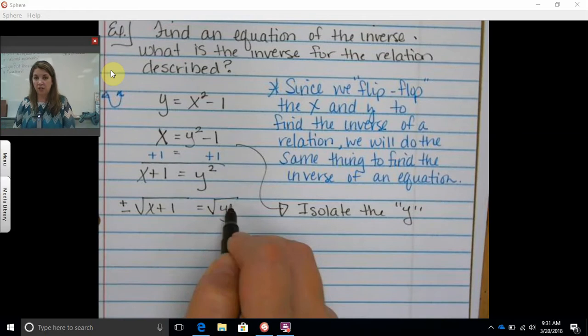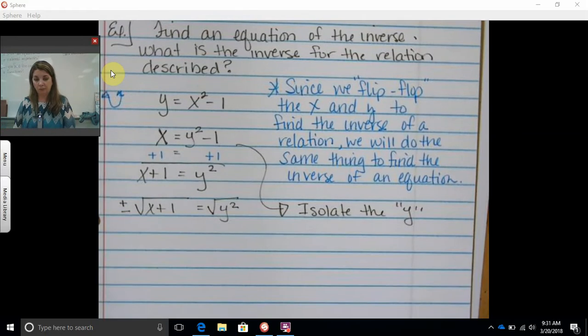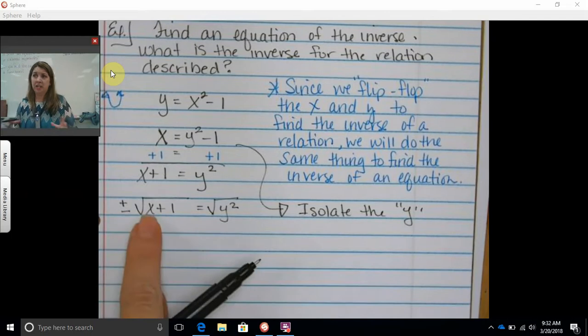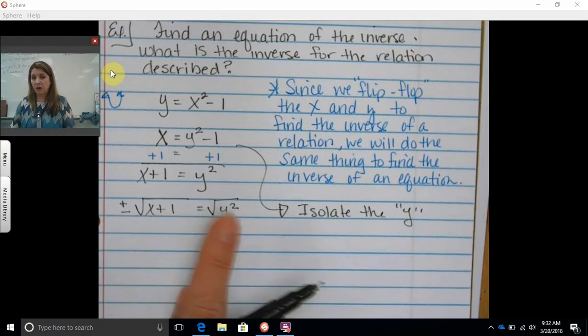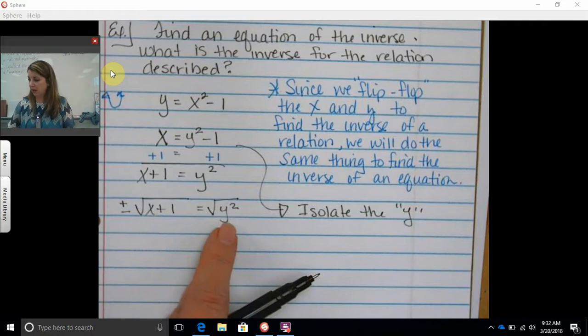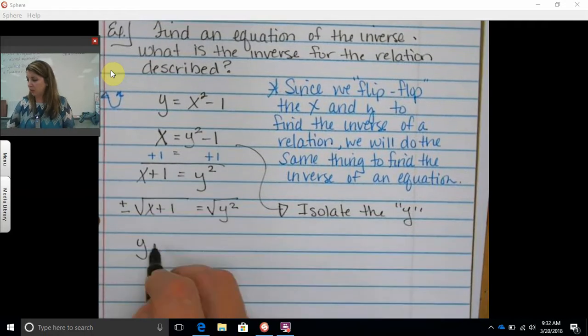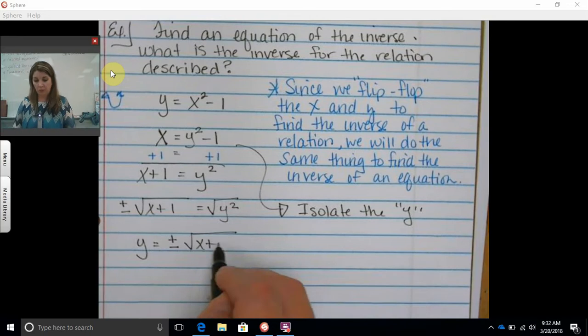Can I take the square root of x plus 1? No, that's just one factor. To take the square root, I would need something like x plus 1 quantity squared. I would need 2 identical factors. This is just 1. What's the square root of y squared? y. So y equals plus or minus the square root of x plus 1.